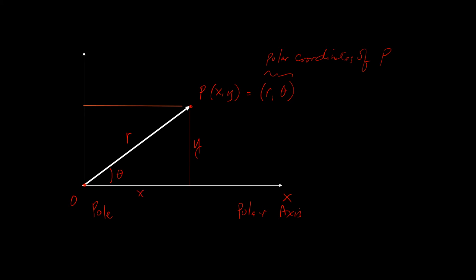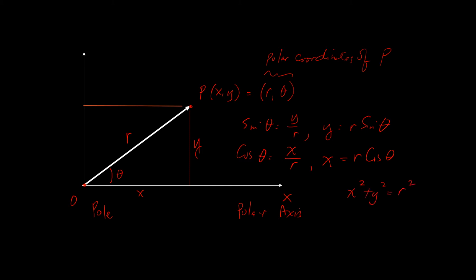If we take sine theta, that is equal to y over r, where y is equal to r sine theta. Taking now cosine of theta, that will be equal to x over r, where x is equal to r cosine theta. Another relation is that by applying the Pythagorean theorem, we have x squared plus y squared is equal to r squared.